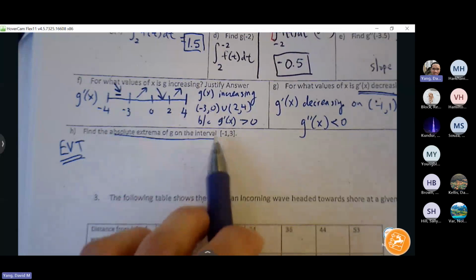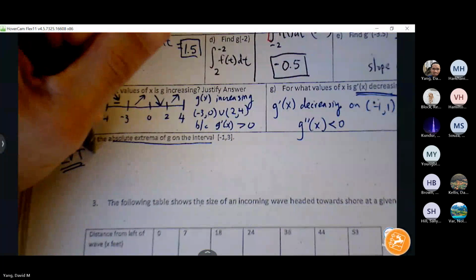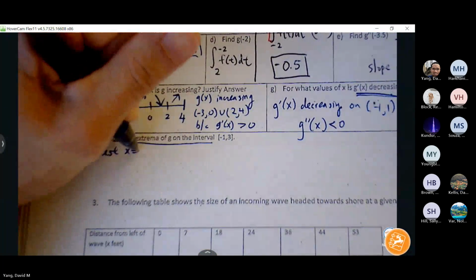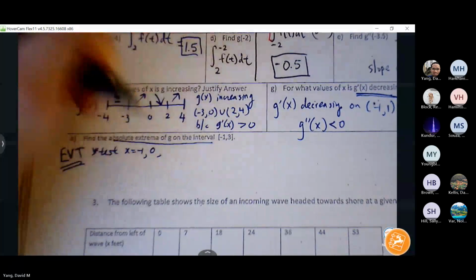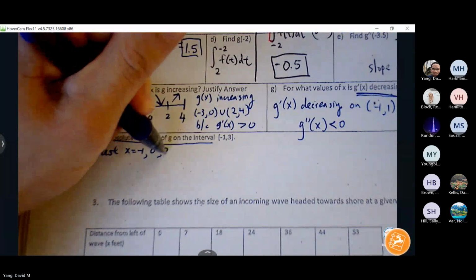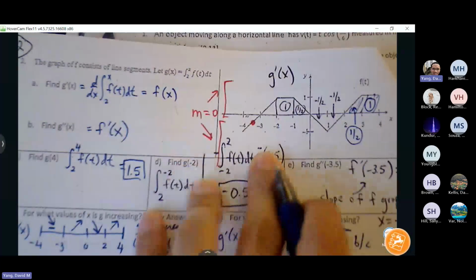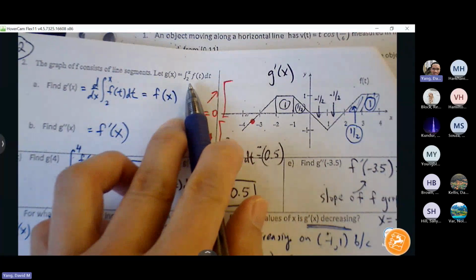Just 0, 2, -1, and 3. Okay, so we go back to our definition, right? Our definition is going to tell us what each of the ordered pairs are.